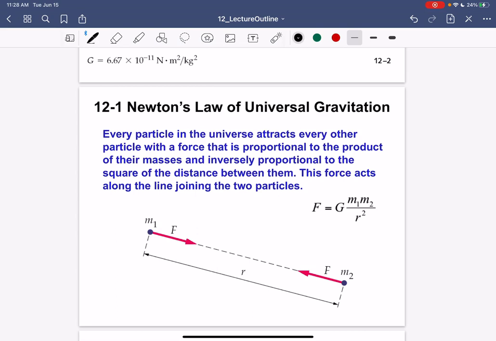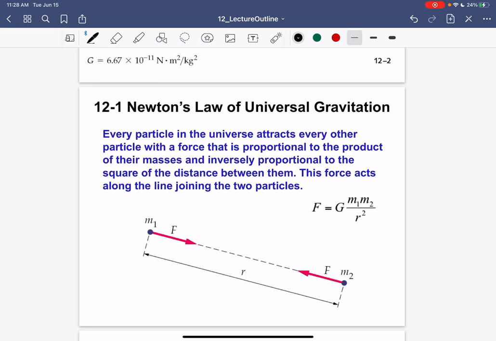As a conclusion of all this information and observation, every particle in the universe attracts every other particle with a force that is proportional to the product of their masses. This is the reason why, in a classroom, we will not feel the attraction between us.